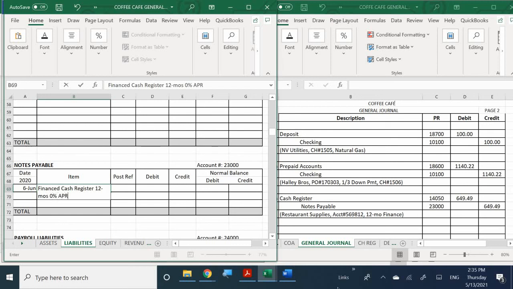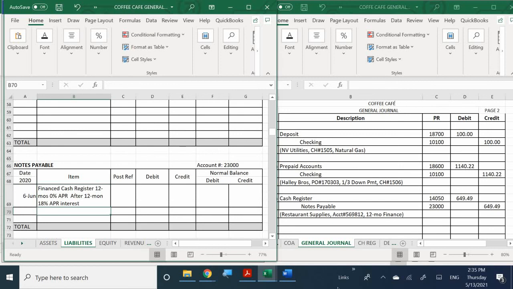That means you don't get charged interest for the first 12 months, but after 12 months, you will get 18% APR interest. Of course, you don't have your bill, so that will give you the exact bill due date and stuff, etc., etc. But here we want to validate that. My post reference is going to be general journal number 2.